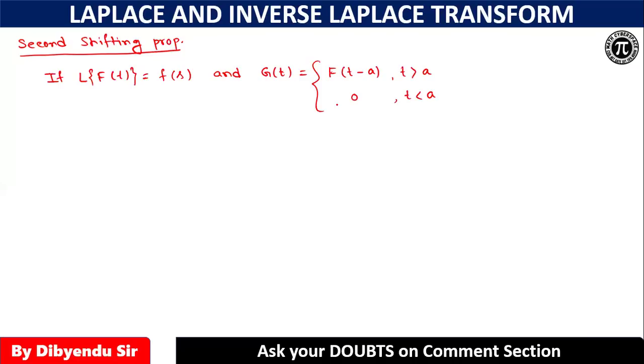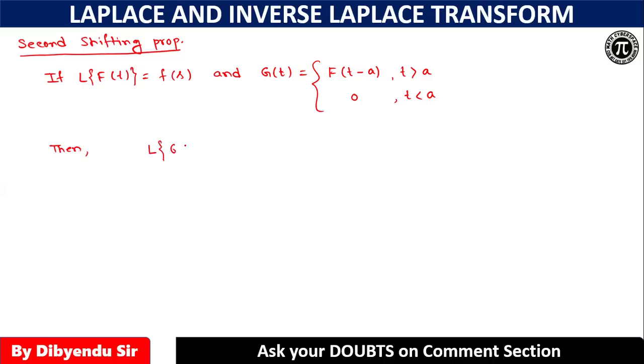Clear? So the given function g of t is represented with the help of the given function f of t. How? g of t is equal to f of t minus a when the value of t is greater than a, and if the value of t is less than a, this is equal to 0. Okay. Now, what will be the Laplace of g of t? This is your second shifting property.